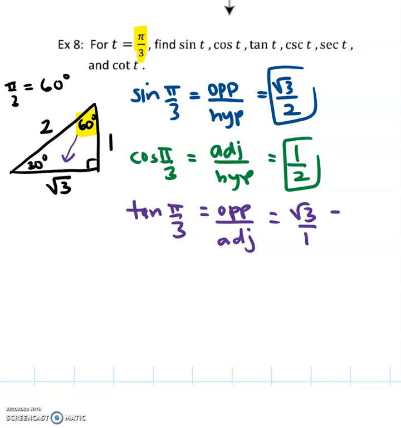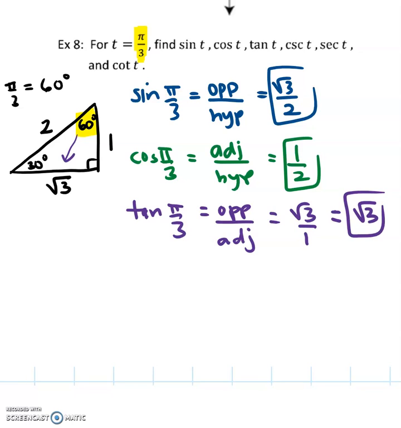Now notice when you have a denominator of 1, they tend to reduce, so we end up getting square root of 3. Now, the really nice relationship for calculating the remaining trig functions is that they are reciprocal identities of your sine, cosine, and tangent.